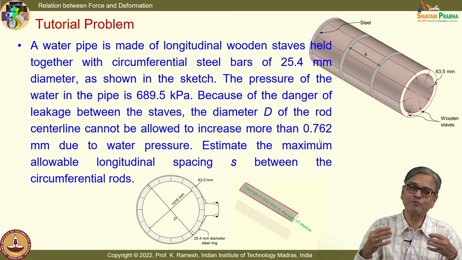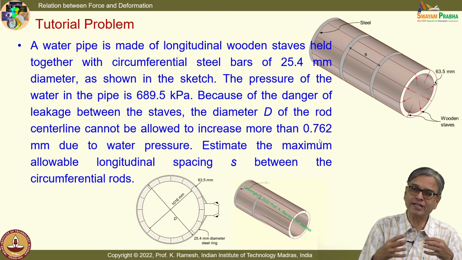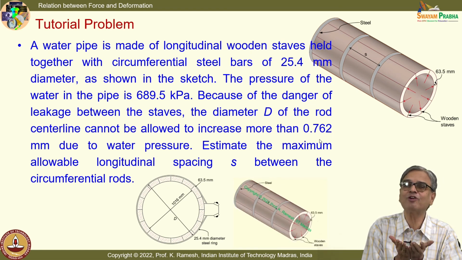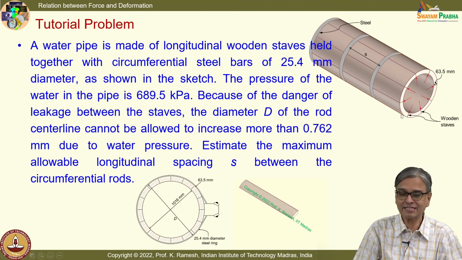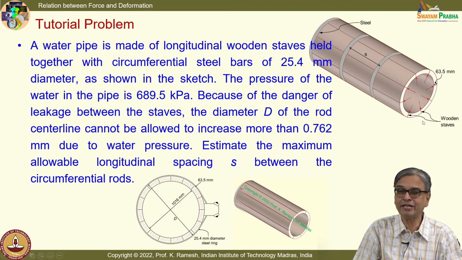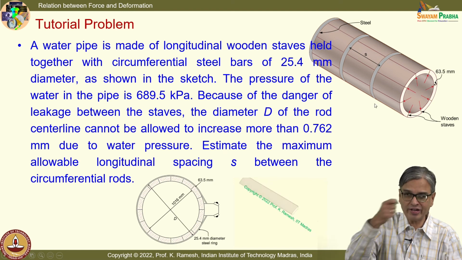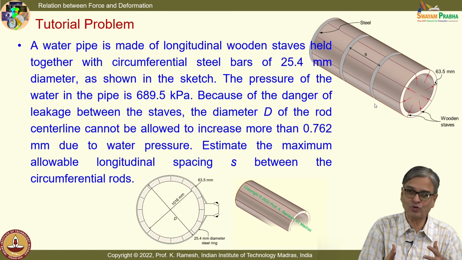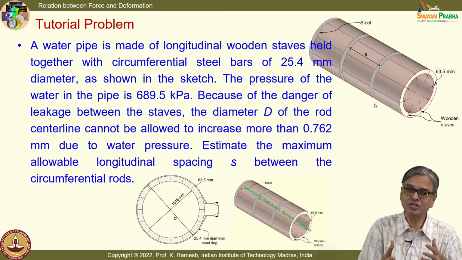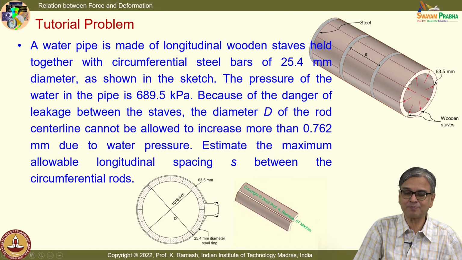Now, you have a fluid which is going inside. What essentially you have to look at is, as if wood is not supporting any load, it is only the steel ring that is supporting the load. That means you have to find out, take S as part of your problem.